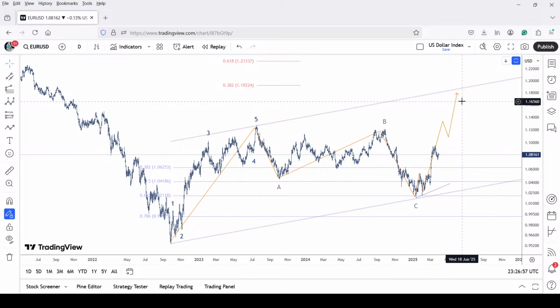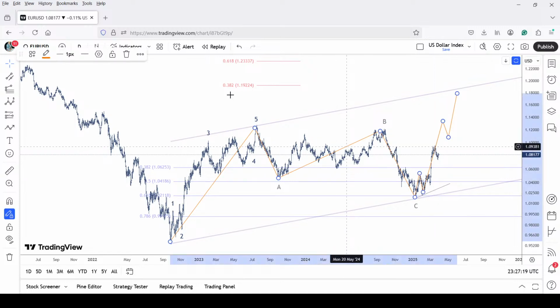All right, so before we discuss the lower degree time frames in the coming sessions, what we'd like to emphasize is if you're still sitting on the sidelines in the euro, it might be time to initiate further longs.